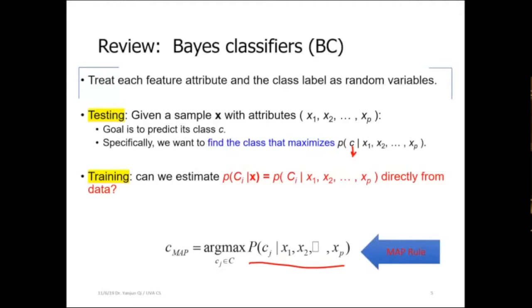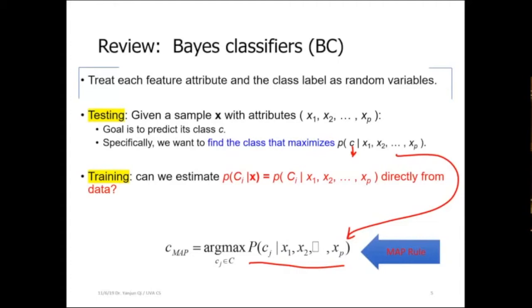In the testing phase, you're really just trying to find the C star that gives you the largest probability. This is how you perform testing or inference. And in the learning phase, the fundamental question is how do you estimate this from data?